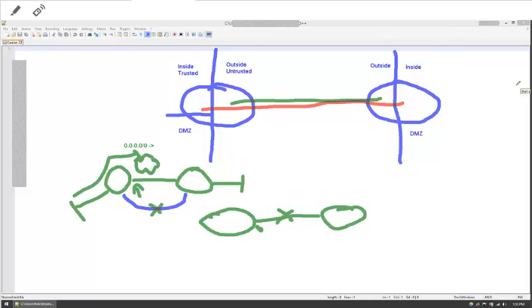So if we had a third security zone as well, we could use that same IPsec tunnel that we were using before, and then make sure that our DMZ traffic between these two points is only going to be allowed between these two VRFs.